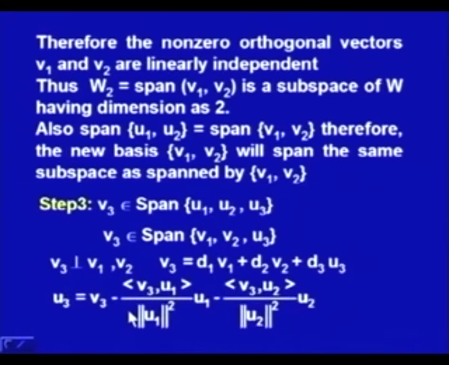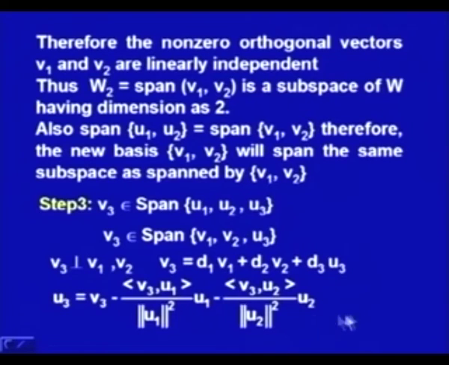So, we have this equation: v3 is equal to d1 v1 plus d2 v2 plus d3 u3, and we apply this concept, and this will give us v3 as u3 minus inner product of u3 and v1 divided by v1 square multiplied by v1, minus inner product of u3 and v2 divided by v2 square into v2.